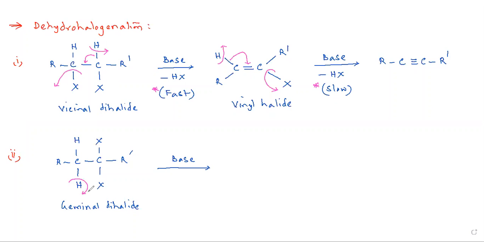Say H plus is abstracted. This comes here, this one goes up. We get H, C, then R, here a double bond, then C, R dash, X. Again, a vinyl halide is what we call.